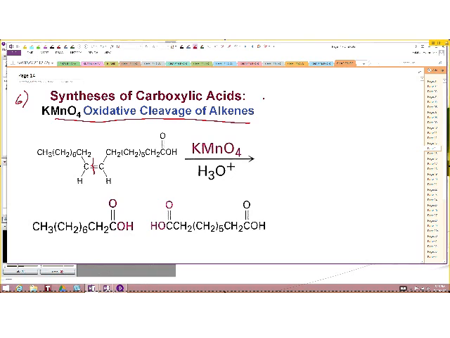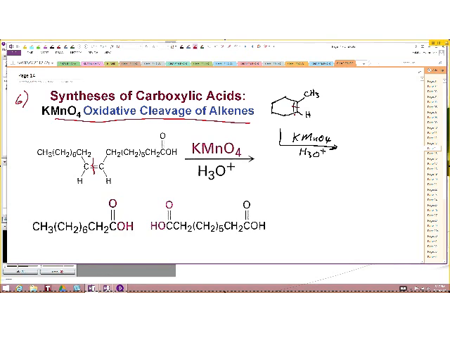Let me give you a couple more examples. Supposing we have this. If I have this here and I react it with potassium permanganate, of course, we are going to cleave right here.